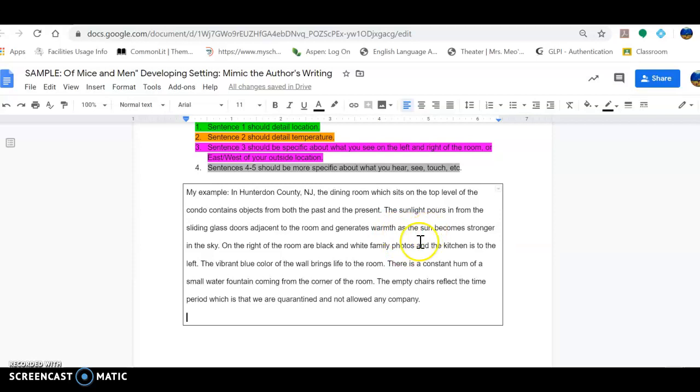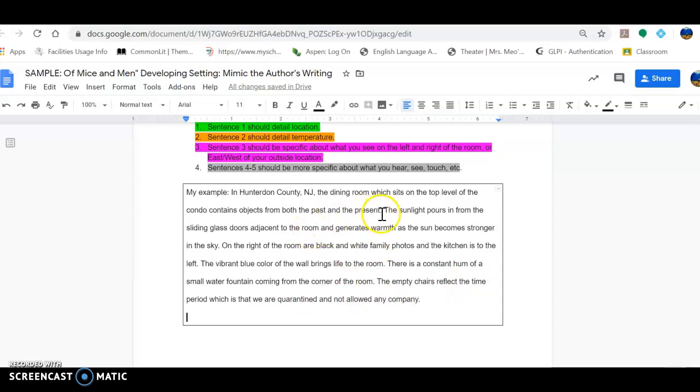I'm also never really feeling lonely because I'm surrounded by family photos. And it's also a room that helps me feel comfortable because of the vibrant blue walls as well as the candlelight. And although I'm not lonely in terms of my memories, I might be physically lonely right now because I'm quarantined and there are empty chairs about the room.